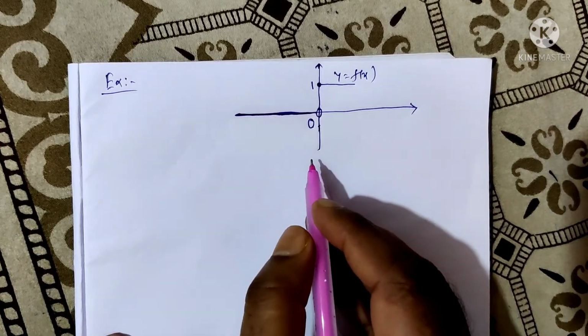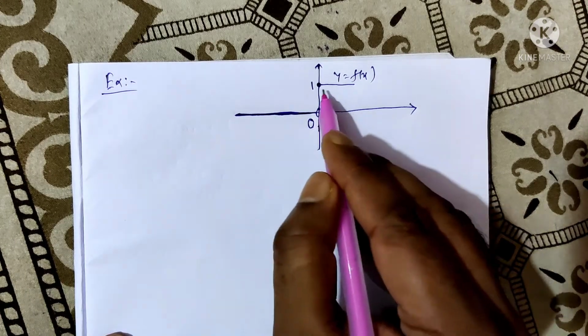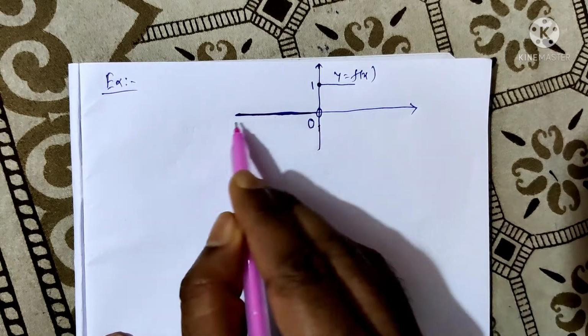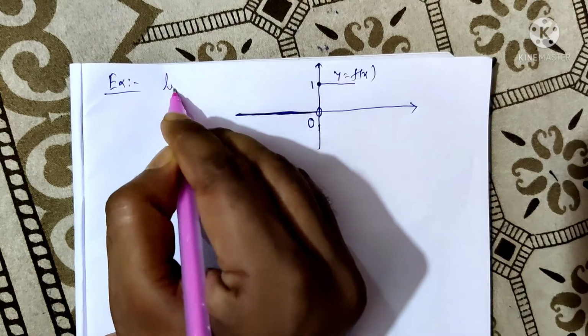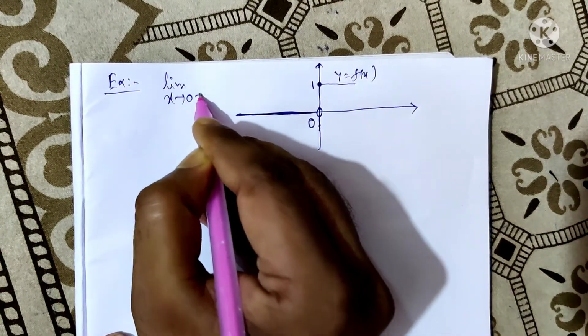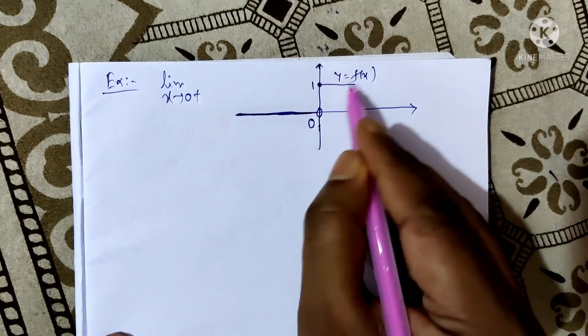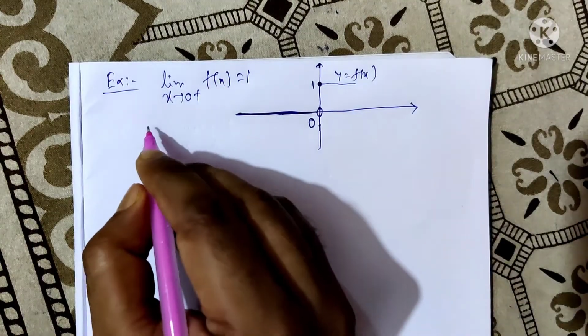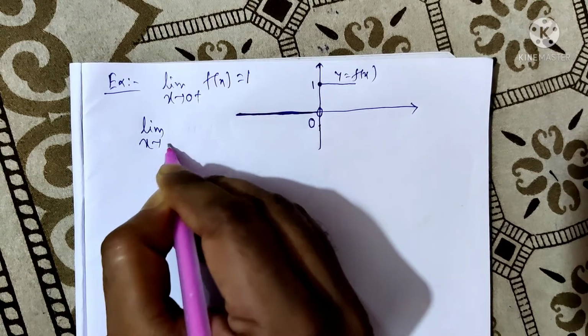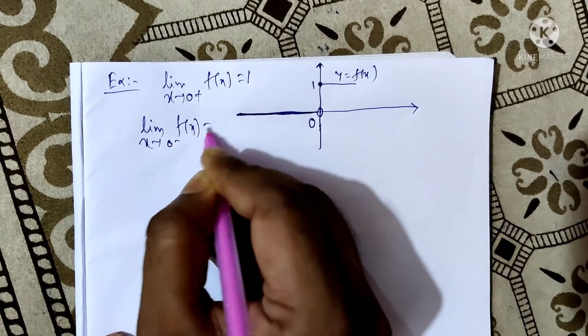In this picture, y equals f(x), and this is 0. At the point 0, the limit as x tends to 0 plus of f(x) equals 1, and the limit as x tends to 0 minus of f(x) equals 0.